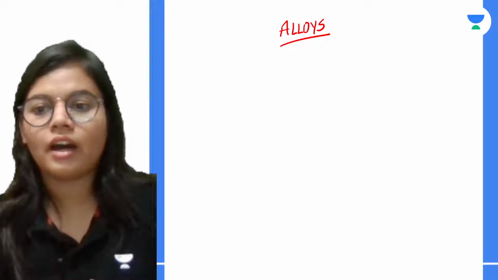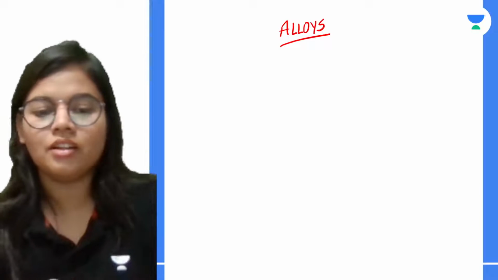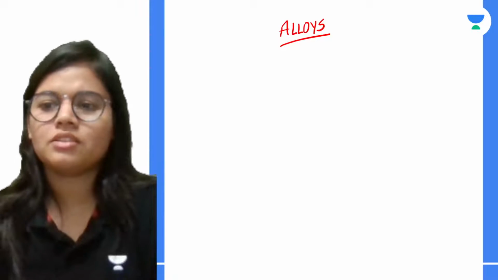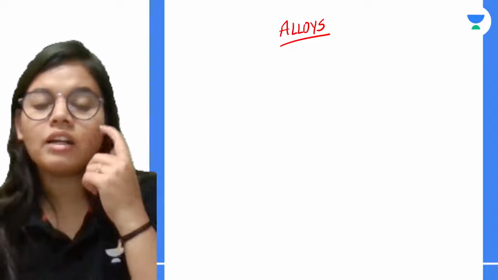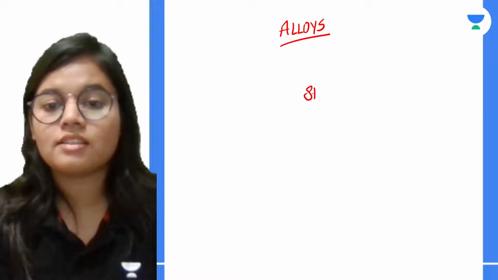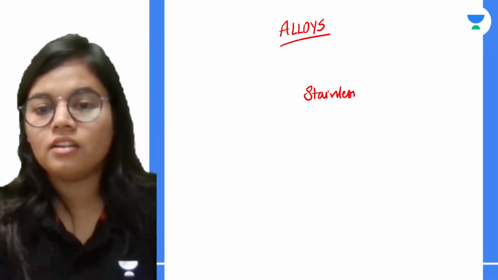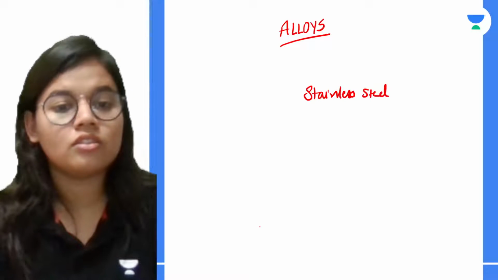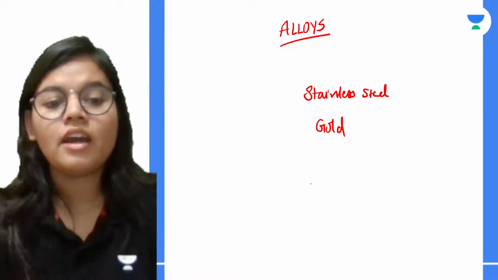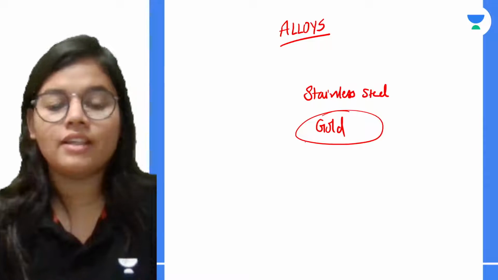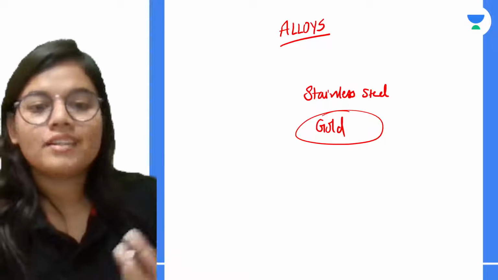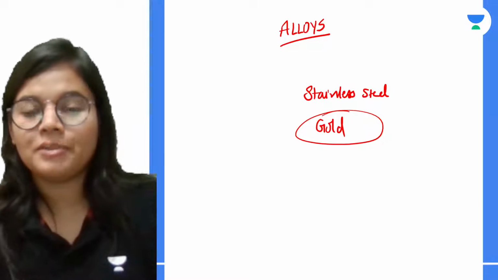Let us suppose, I hope that everyone would have seen different types of metals. There are metals, for example, different substances such as stainless steel, the utensils normally which we use, the gold, etc. Now, if I talk about the gold, let's say a very simple example. The gold is normally used to make the ornaments, right?